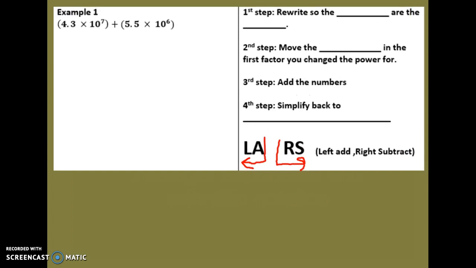The first step that we have to follow is Step 1: rewrite so that the exponents are the same. Once you have both exponents the same, then you can begin to add.